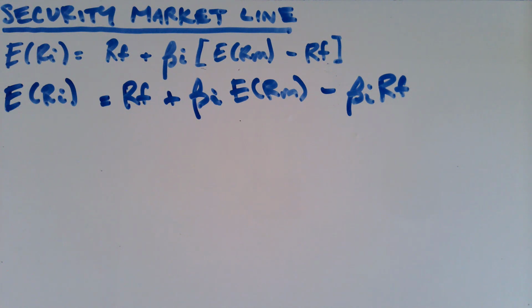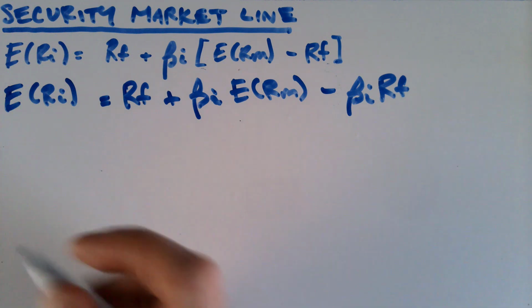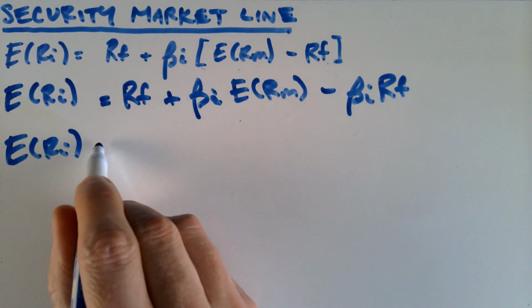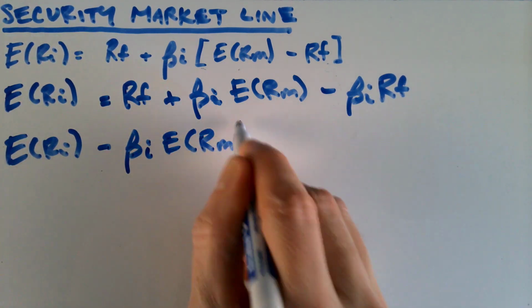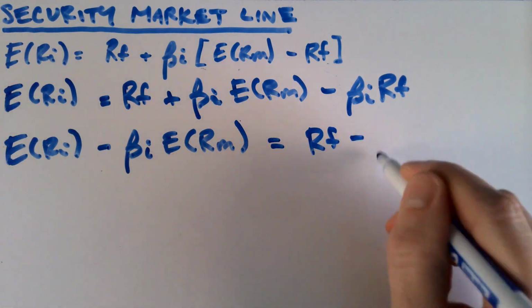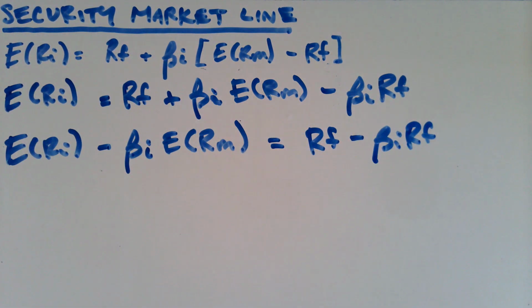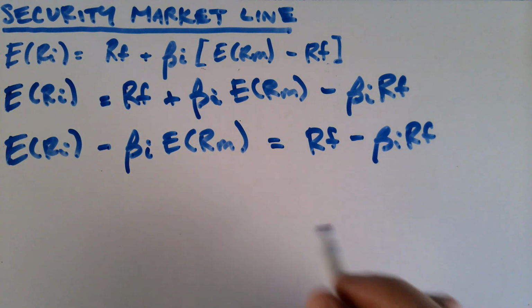After we do that, we want to get the R sub f's by themselves. Now we need to factor out R sub f from this term as our next step to getting it by itself.